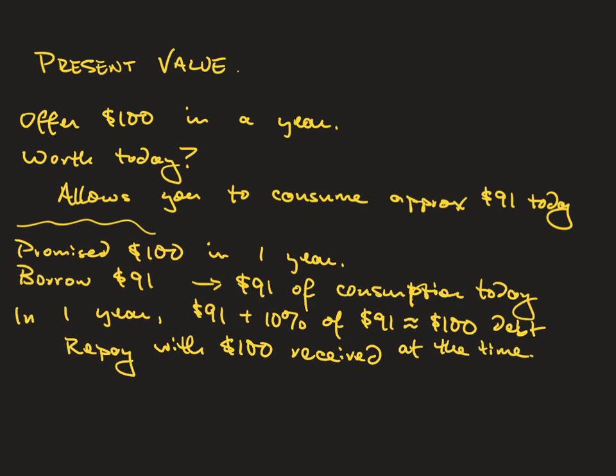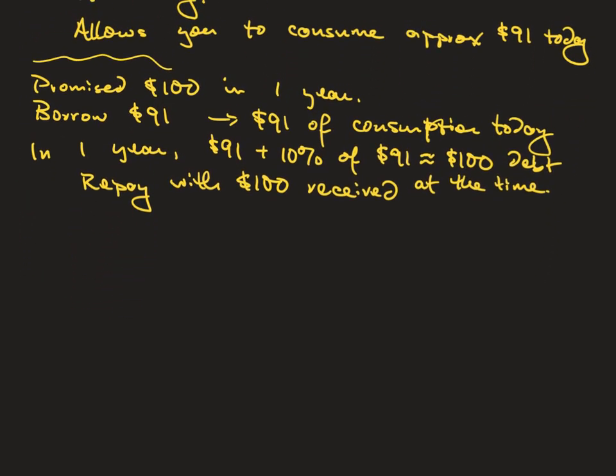Okay, so if you can borrow money, then that $100 in a year is equivalent to $91 of consumption today. It allows $91 of consumption today. The math that I'm doing to figure this out, the math that I did was thinking about how much could I borrow and pay 10% interest on and end up with $100.